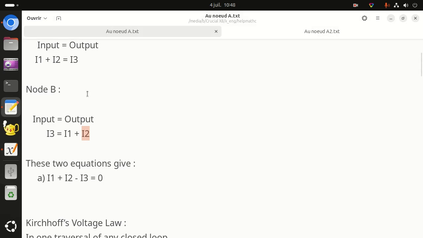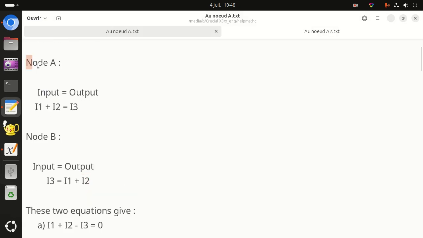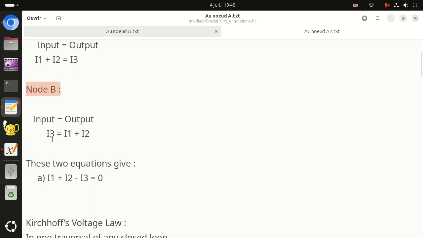I have two equations, one for the node A and one for the node B. I can remark these two equations are equal, so I have only one equation for the node A and B. This is the equation.